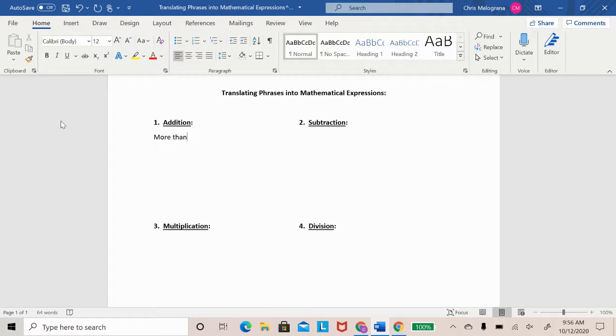If it says, I have 5 more than Jack, that means whatever Jack's quantity is, I add 5 to it. Let's see, more than, if it says increased by, right? If you increase, you're going to add. If it flat out just says plus or add or added to, that would mean addition.